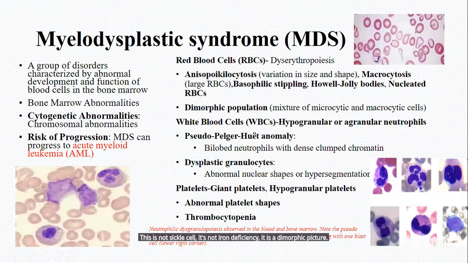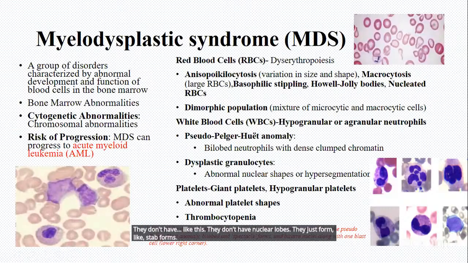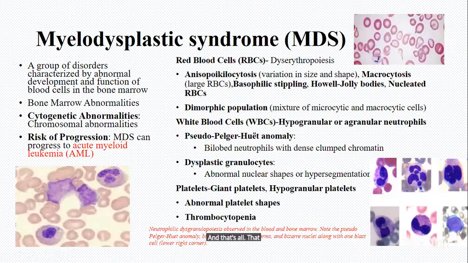And also, you'll find on white blood cells very beautiful structures, like a neutrophil that looks like a spectacle. They don't have nuclear lobes. They just form stub forms, and that's all. That cell shows that it's not mature.